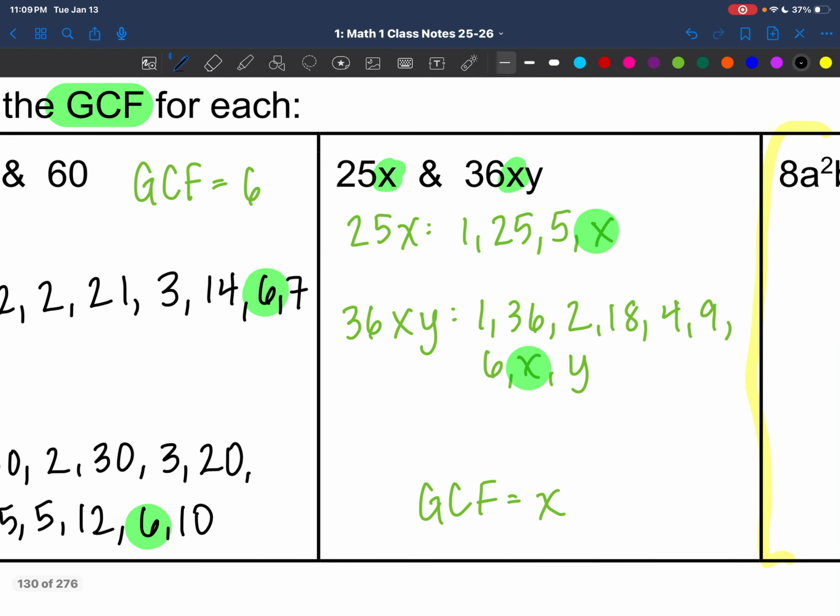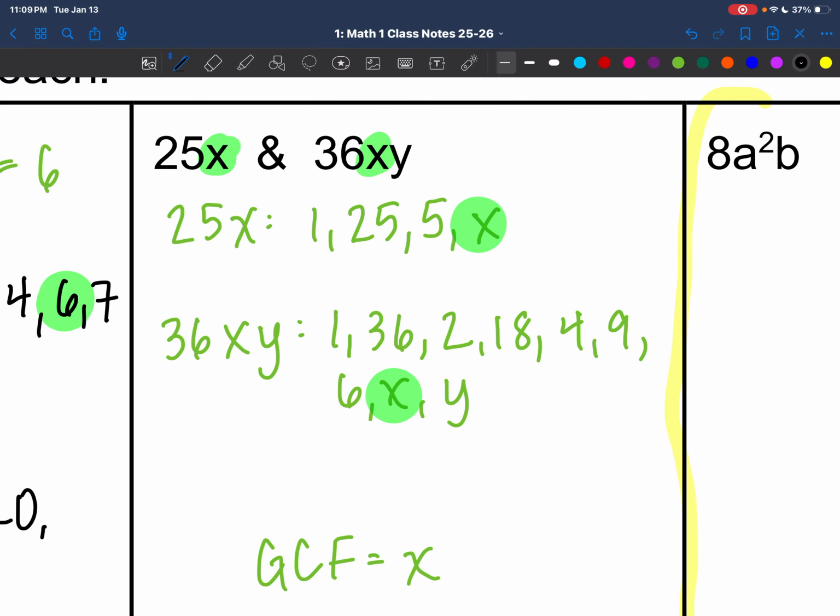All right, now we're going to get into it where we have variables. We'll list the factors of 25x: 1 times 25, and then 5 times 5, but we only write it once. And then don't forget x.